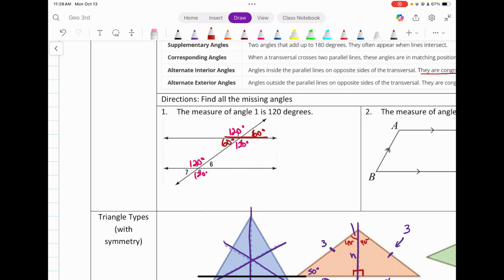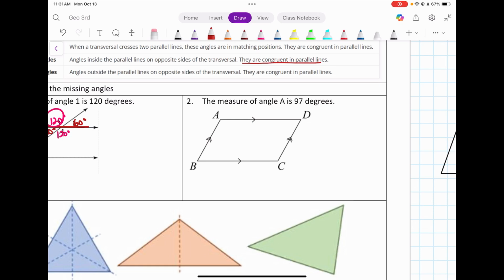You have vertical angles, and then those same exact two angles on the bottom side will be the exact same size. And notice here, alternate interior angles are the same. Alternate exterior angles are the same. Same side interior angles add up to 180. Same side exterior angles also add up to 180.